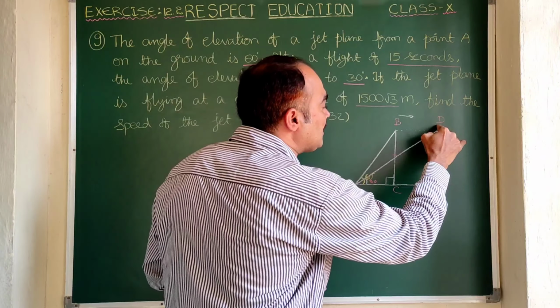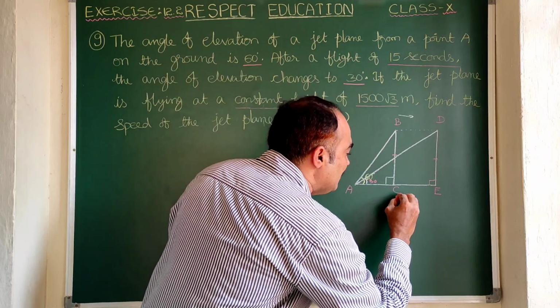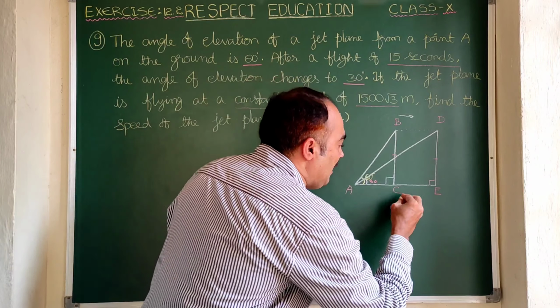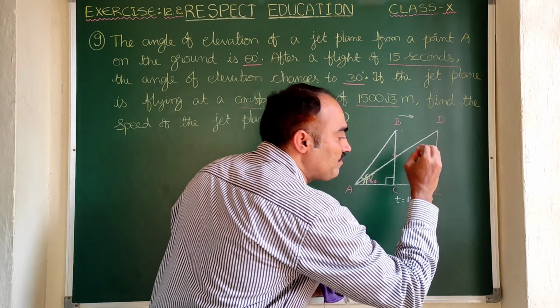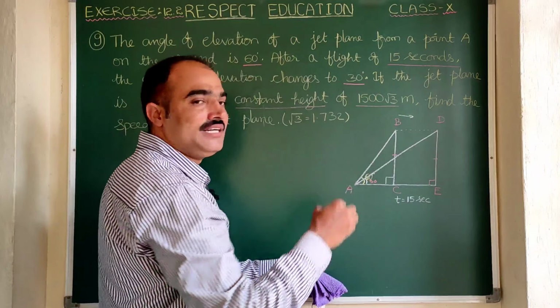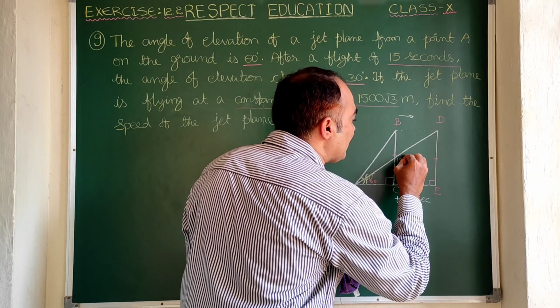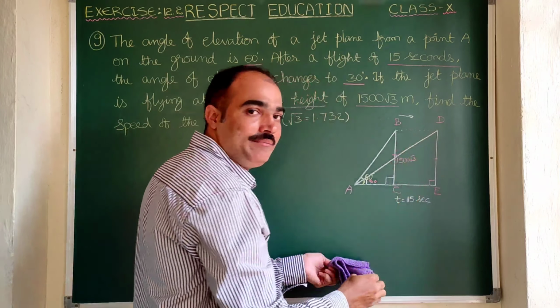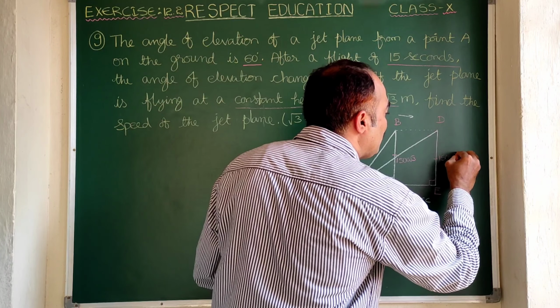So the time taken is 15 seconds. I am writing time taken, T is equal to 15 seconds. And here 1500 root 3 meters is the constant height, so BC is 1500 root 3. At the same time, since it is a rectangle, DE is also 1500 root 3 meters.